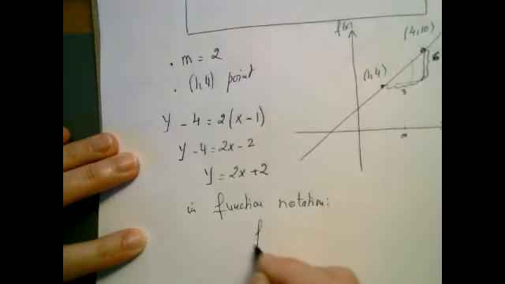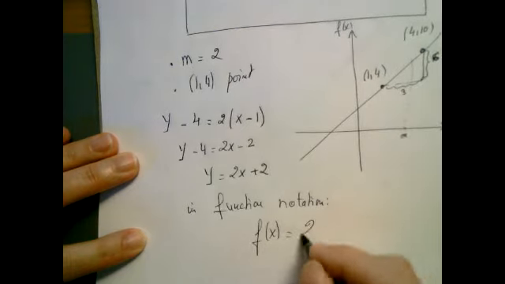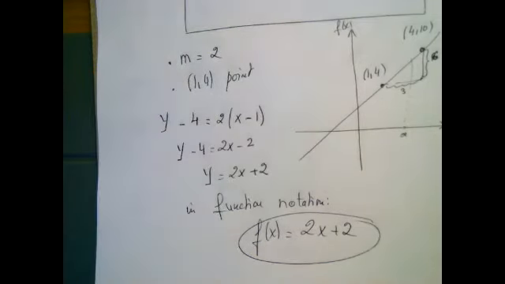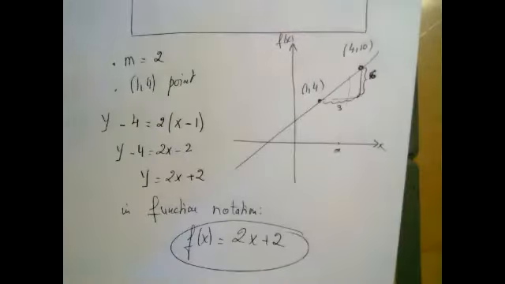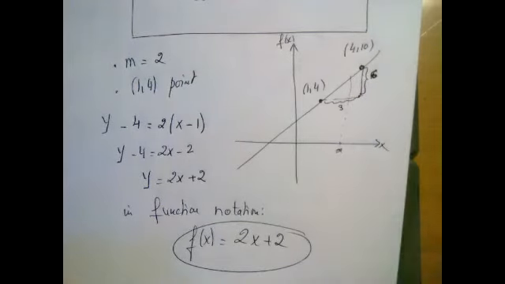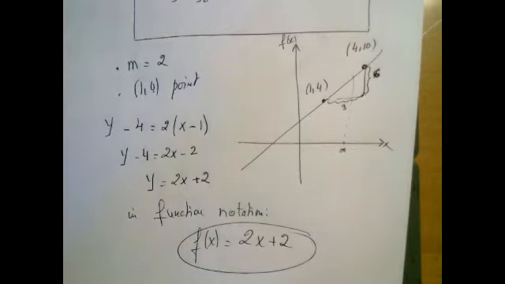In function notation, we write f of x equals 2x plus 2. All right, so this is a linear function. It's easy to find a formula for them. They represent functions where the average rate of change is constant. It means functions where things change at a constant rate. They don't really change at different rates over time.